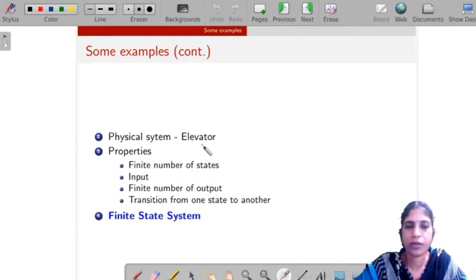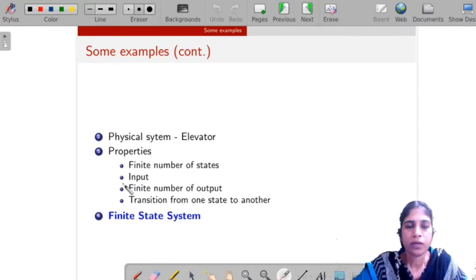In the case of the elevator, suppose the 5th floor is the final state, then it also has one final state. So there is a finite number of outputs. Then there is a transition from one state to another state. In both cases, there is a transition based on the input signal.